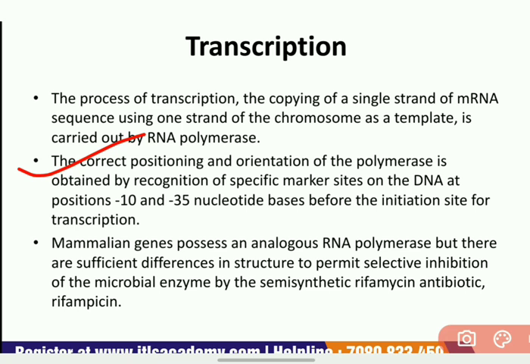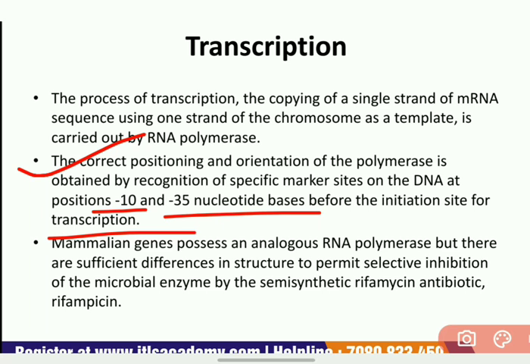The correct positioning and orientation of the polymerase is obtained by recognition of specific marker sites on the DNA at position -10 and -35 nucleotide bases before the initiation site for transcription.